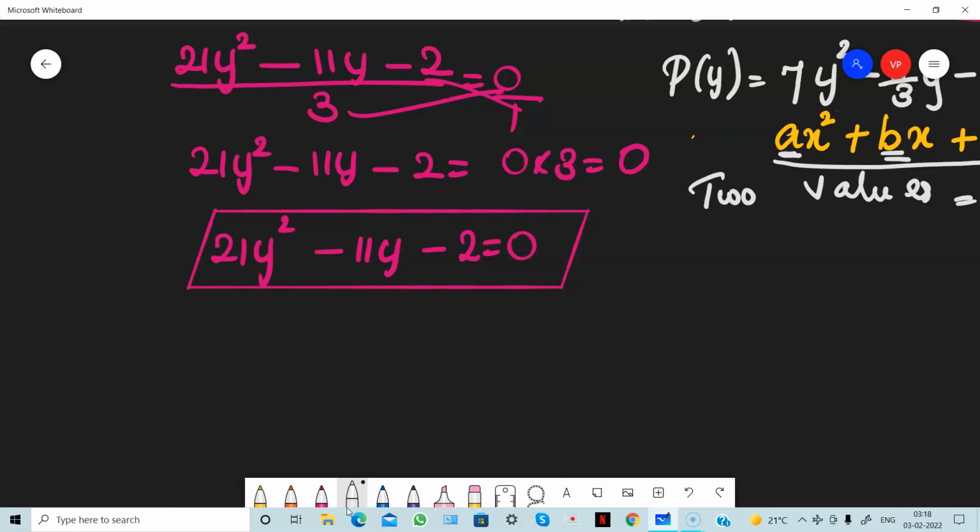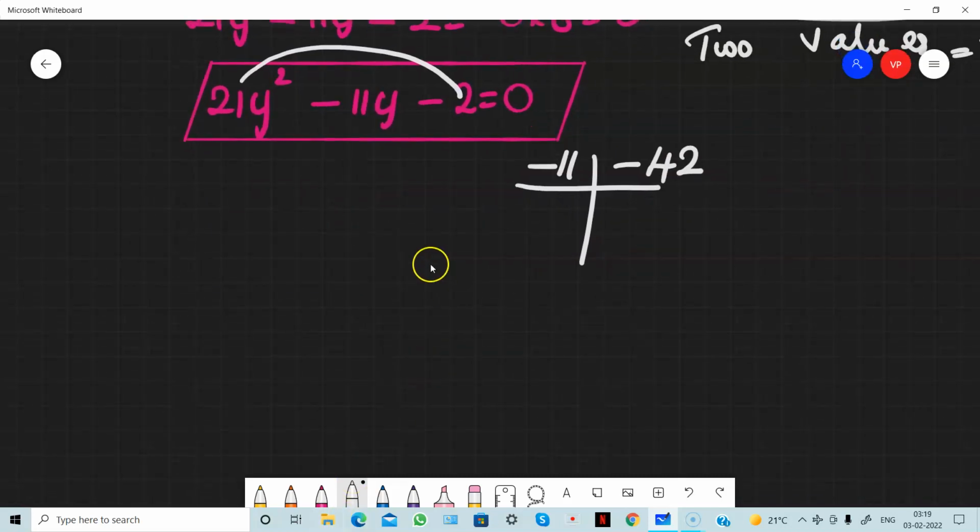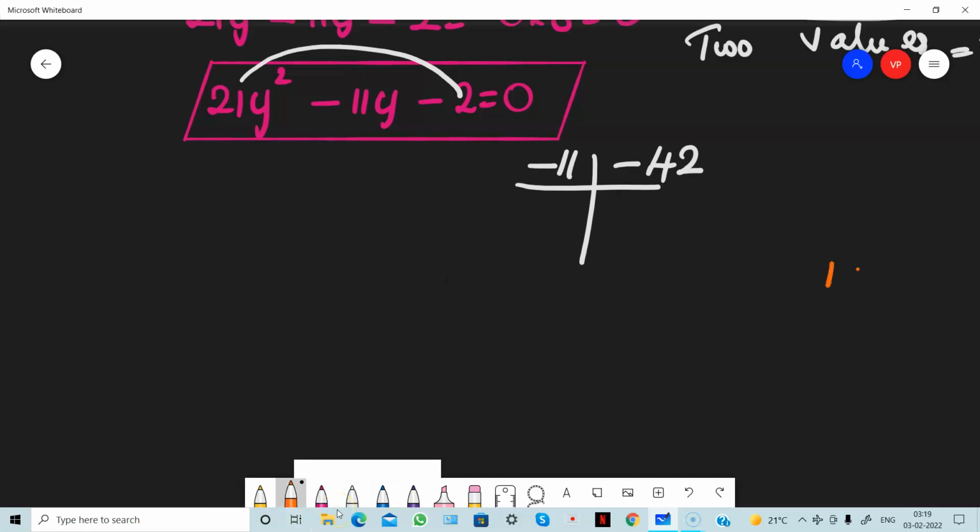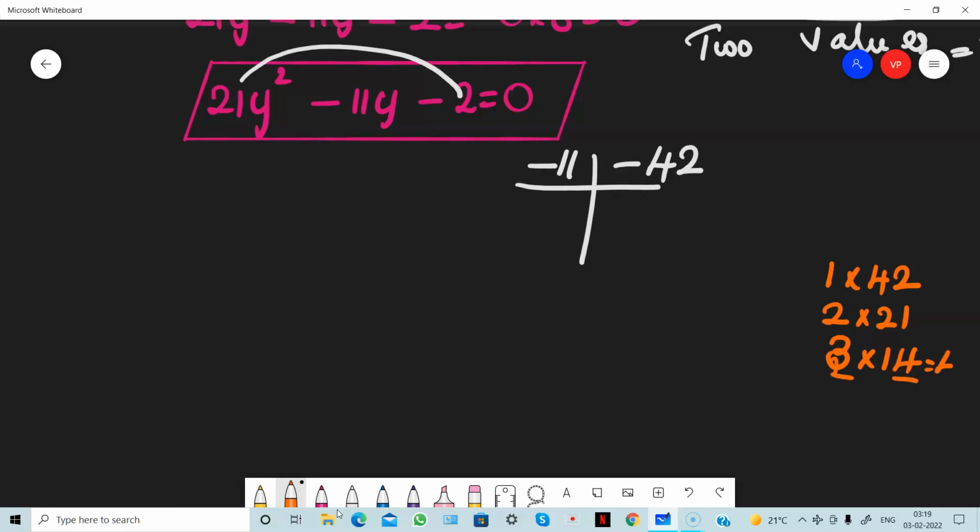Yes. So we are going to factorize this quadratic equation. How will you factorize? You find two numbers whose product is 21 times 2, that is 42, and whose difference gives the middle term, 11. So what is the best pair? I want to factorize this 42. 1 times 42, 2 times 21 are 42, 3 times 14 is equal to 42.